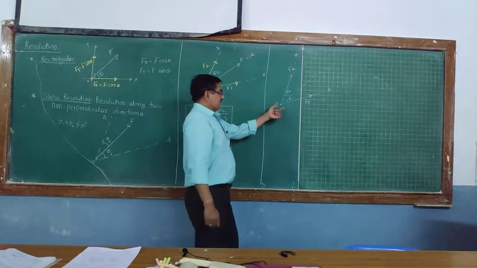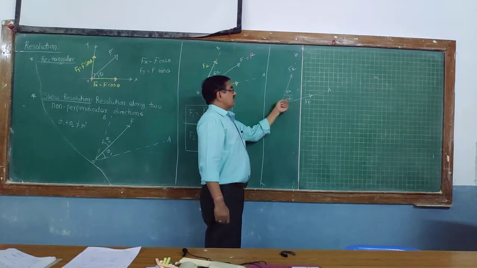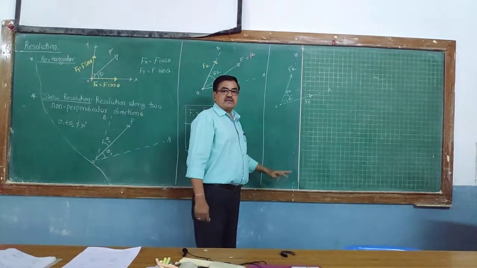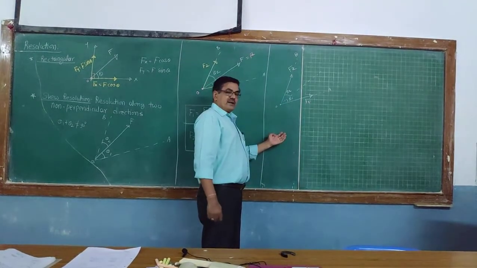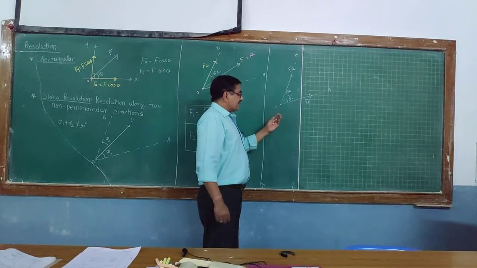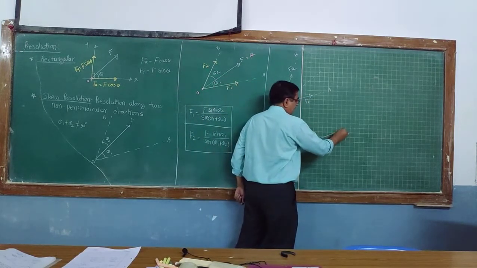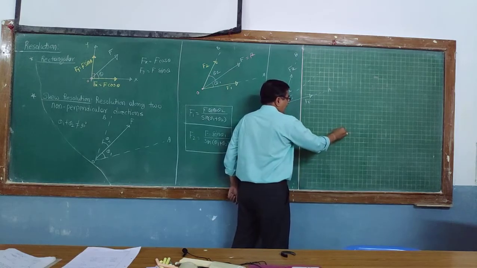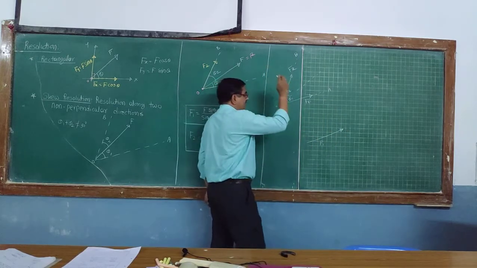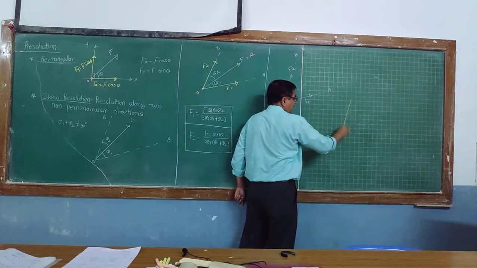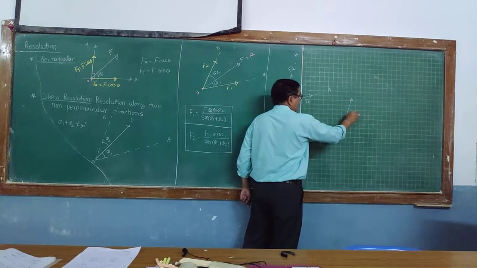So in reverse direction, if I ask you to calculate the resultant of F1 and F2 using triangle law, how can one proceed? Using triangle law, draw a line parallel to F1, and from the end of F1 draw a line parallel to F2, of course graphically. So this is F2.